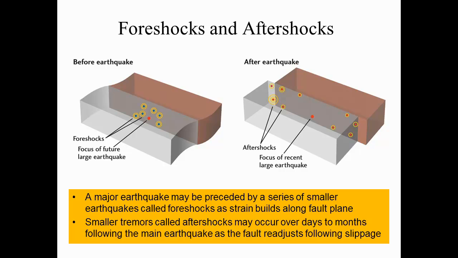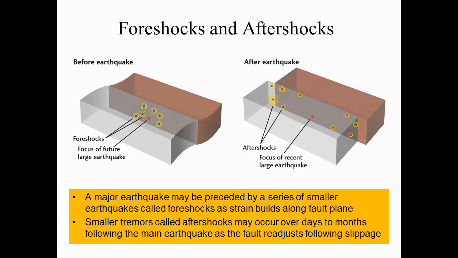Now, a major earthquake may be preceded by a series of smaller earthquakes called foreshocks. These foreshocks occur as strain builds up along the fault plane. But then finally, the strain reaches the point where the fault slips, and this produces the main earthquake.